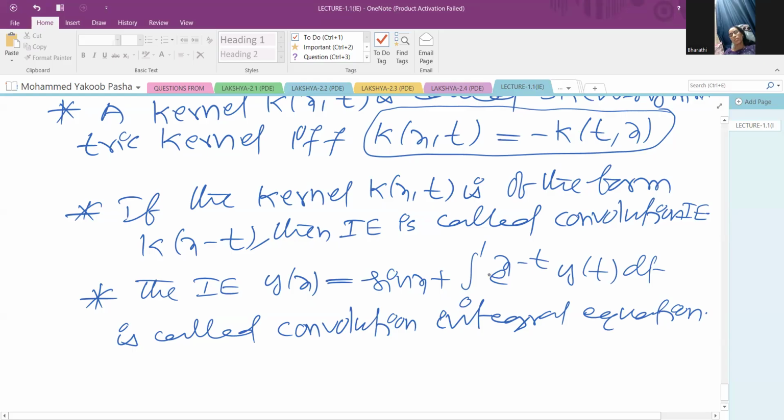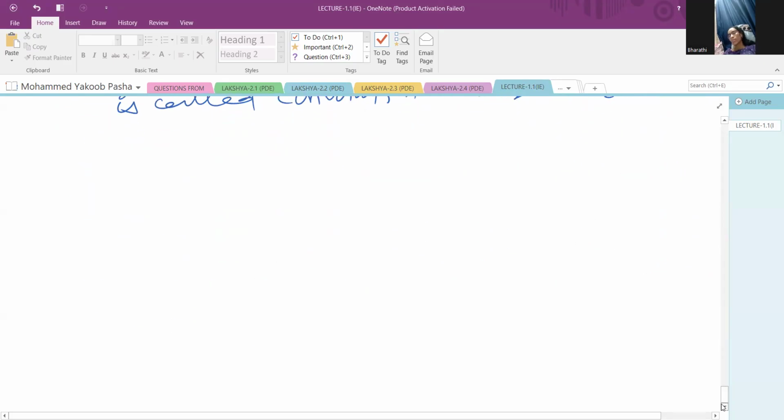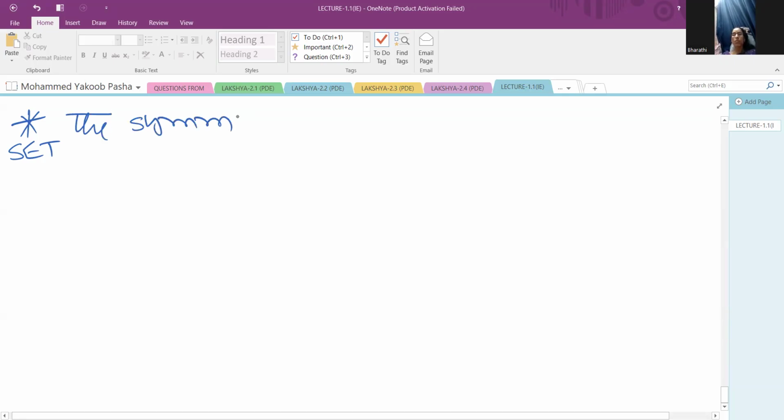Now we can discuss some questions related to these topics from previous SET questions. First, I'm taking one simple question: the symmetric kernel is. What is the meaning of symmetric kernel? k of x comma t is equal to k of t comma x.